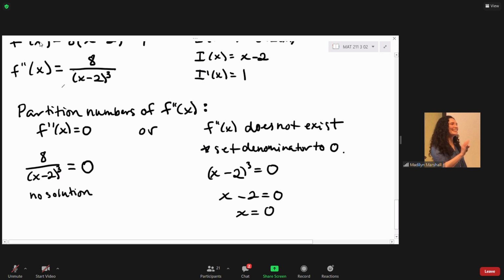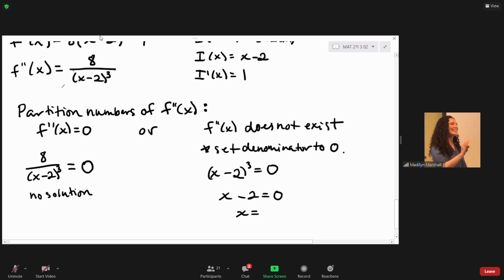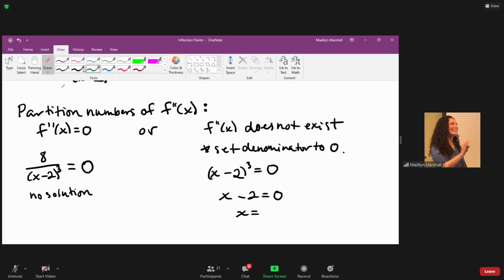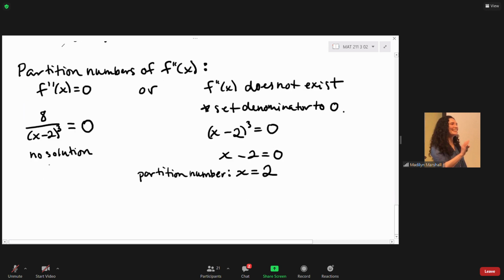Oops, that's a 2. Keep writing the wrong numbers. So our partition number in this case is just x equals 2. So let's make a sign chart of f double prime here.